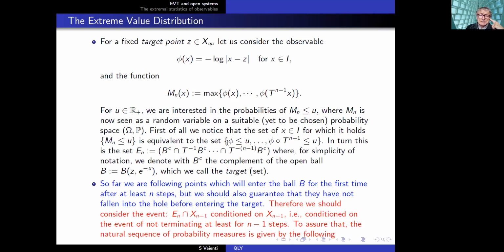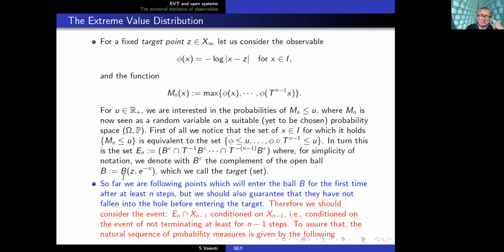So it's very simple to get a geometric interpretation of this observable, as is written here. If we write the set which I'm showing here, namely the points where phi is smaller than u and phi composed with T^(n-1) is smaller than u, you immediately realize that these are points which are in the complement of the ball at the beginning, stay in the complement of the ball when they are iterated n-1 times, and eventually jump into the ball B at a time larger or equal to n.